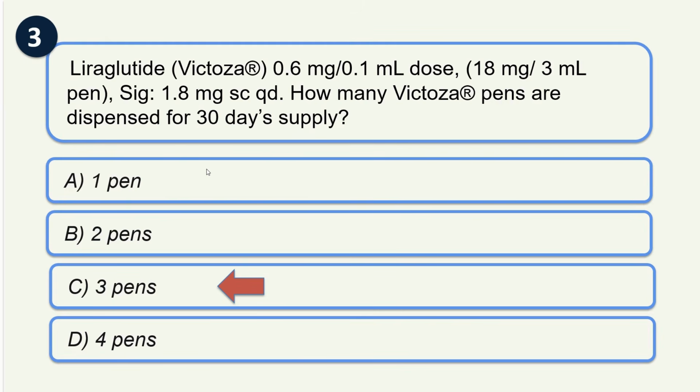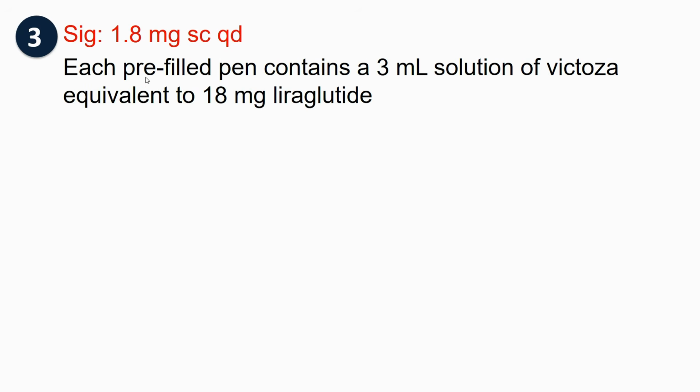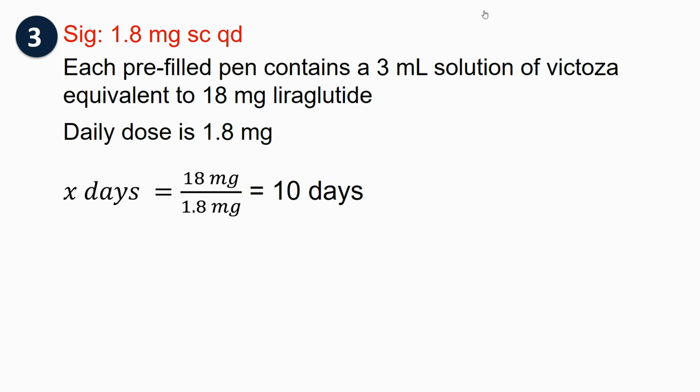Let's solve how to do it. Here the Sig direction is 1.8 milligram subcutaneous daily of Victoza. Each pre-filled pen contains 3 ml of solution, which equals 18 milligrams of liraglutide. The daily dose prescribed is 1.8. So how many days can one pen be used?